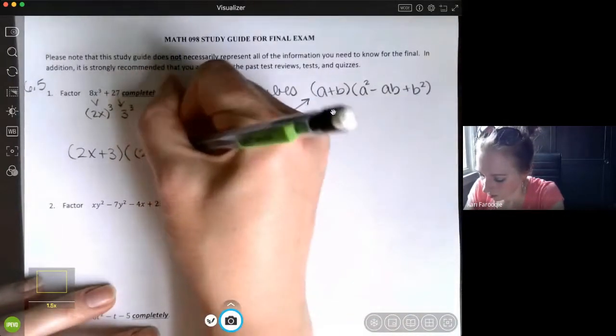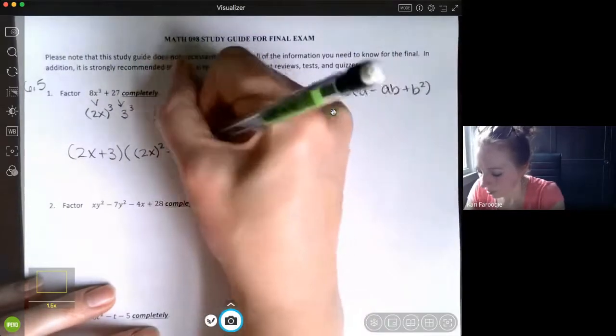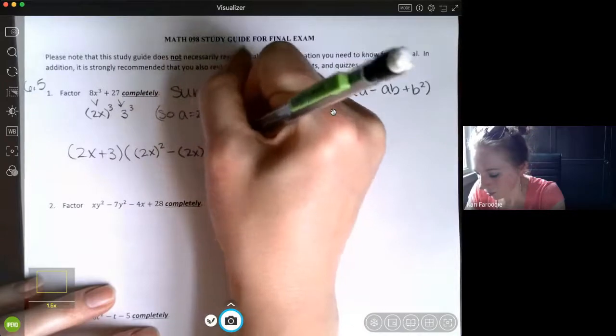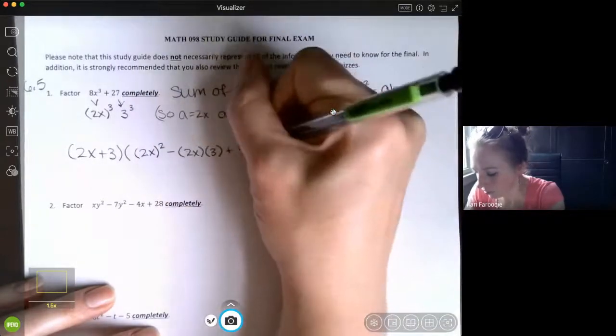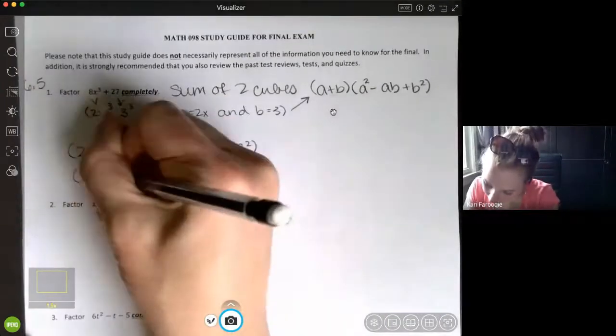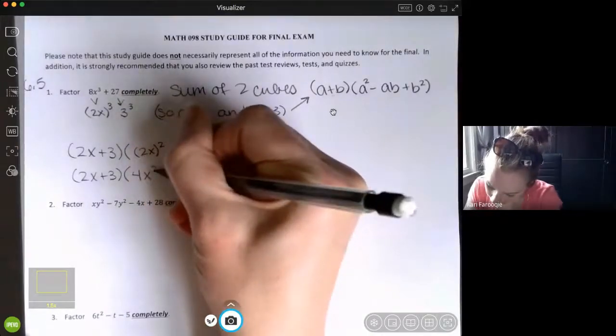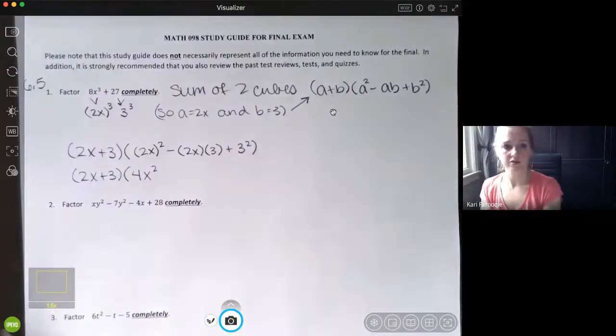All right, so we're going to take a squared. We're going to simplify that in a second. Minus ab plus b squared. And then we'll simplify. Two x plus 3 times, and don't forget, when you're squaring 2x, you must also square the 2.